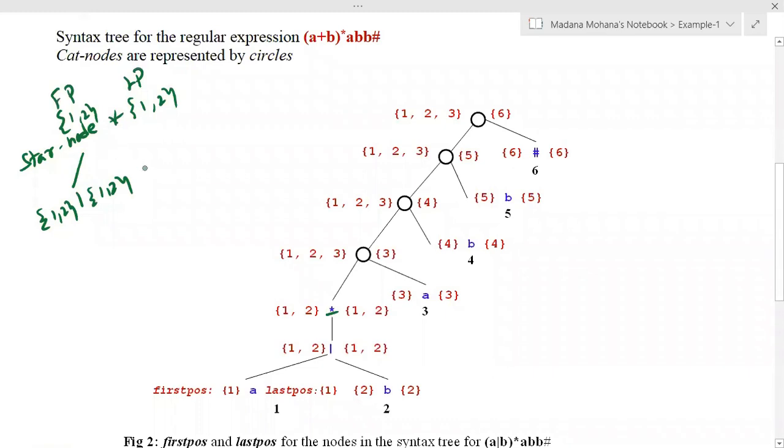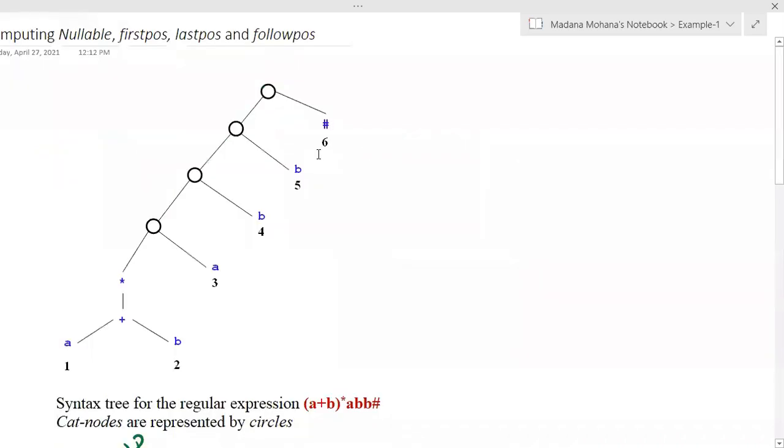The formula for the star node is: first, find the last position of this node. Here you can assume I1, I2, which are position values. Then the first position of n is 1, 2. Now the formulas are: follow position of I1, meaning 1, and follow position of I2, meaning 2.